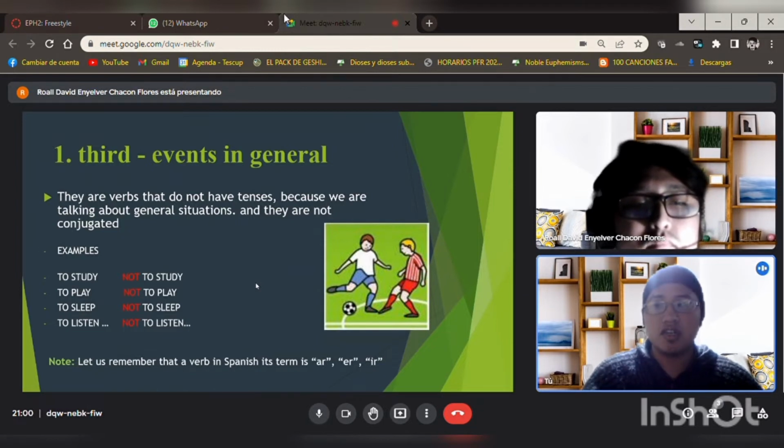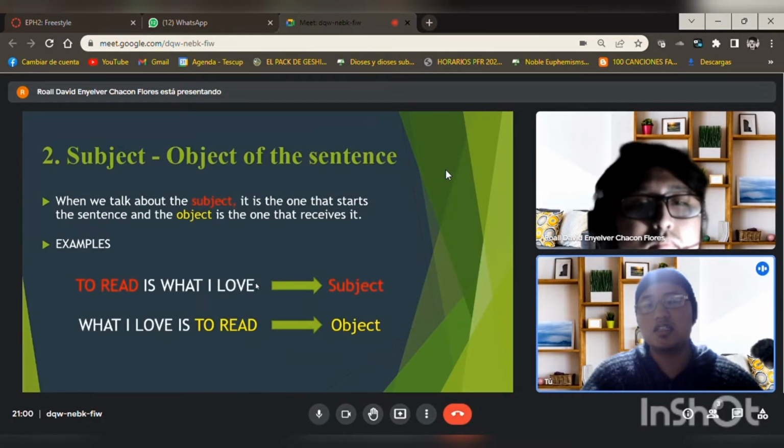Let us remember that the verb in Spanish ends in -ar, -er, -ir. Case number two: the use as subject or object in the sentence.